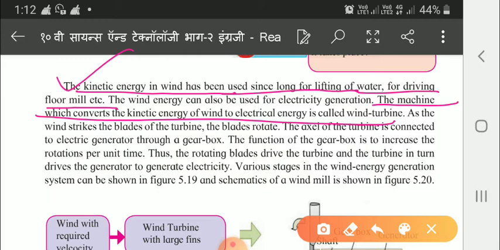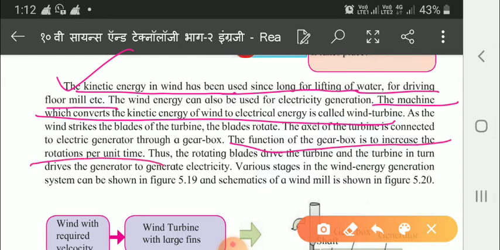So as the wind strikes the blades of the turbine, the blade rotates, and the axle of the turbine, I already explained what the axle is. So the axle of the turbine is connected to the electric generator through a gearbox. Now what is the gearbox? It is a mechanical device that increases the speed of the blades. So the function of the gearbox, as already given here, is to increase the rotation per unit time.